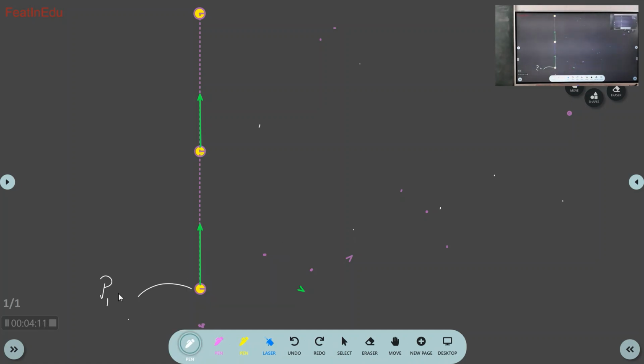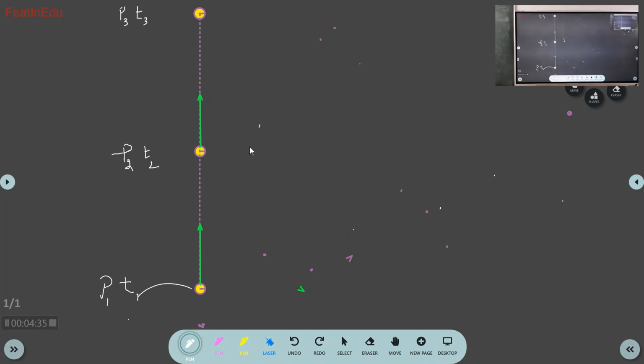Here the position is P1. Here I will call this position P2, and here I will call this position P3, right? And the instant of time when you see the ball here is T1. The instant of time when you see the ball here is T2. And the instant of time when you see the ball here is T3.